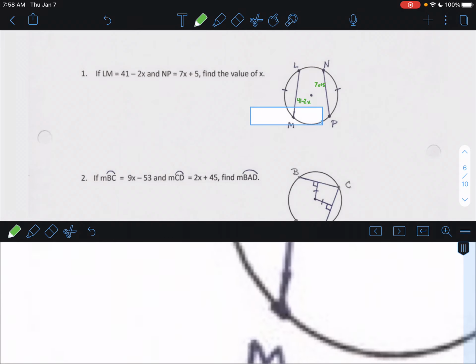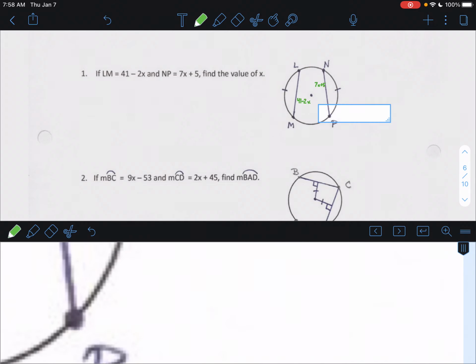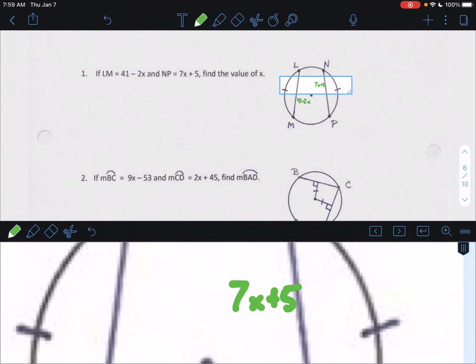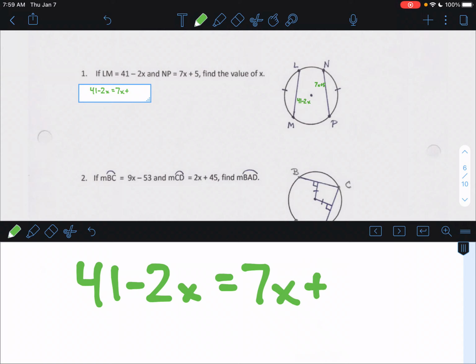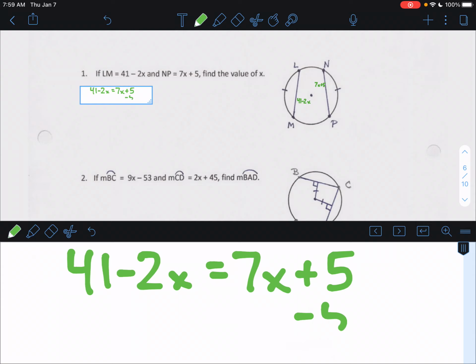So arc LM is congruent to arc NP. Therefore, I know that the chords have to be congruent as well. So if I want to find x, I can just set them equal to each other. I can say 41 minus 2x equals 7x plus 5. I'm going to go ahead and subtract 5 from both sides.